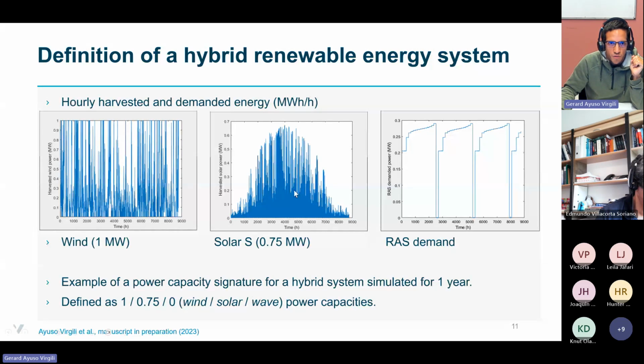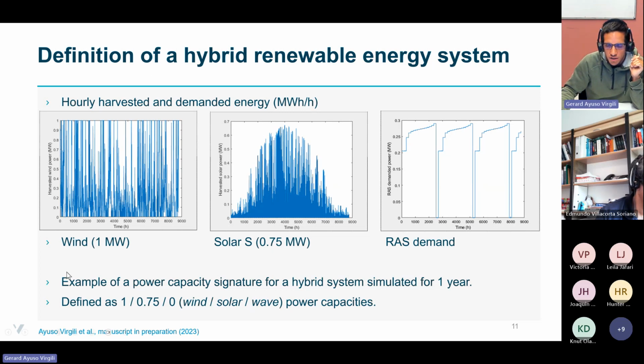So we have both of the harvesters, and then we have the curve for energy demand of the RAS. As we saw before, this is the curve for a 15-week operation with a break of 1 week in between for maintenance and cleaning. So that's how the continuous operation of the RAS would work in terms of energy demand over a long time.